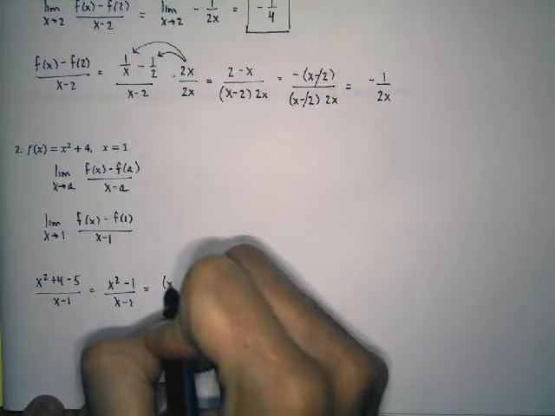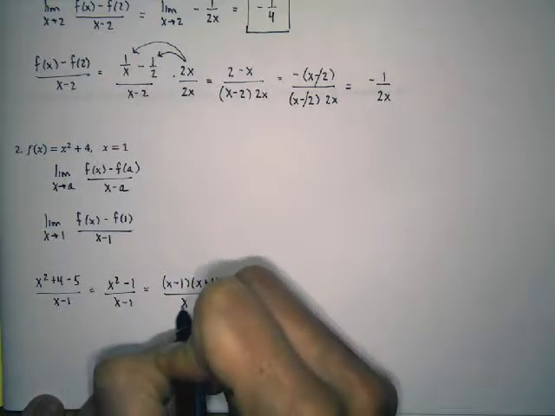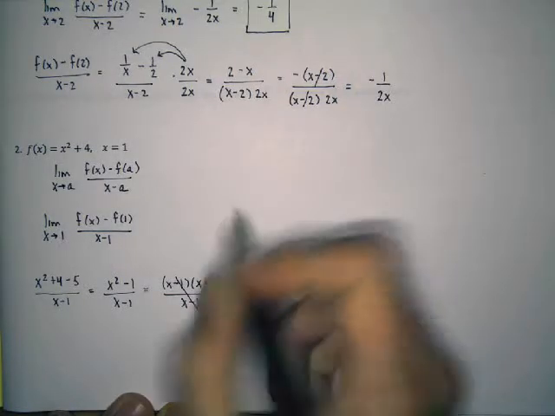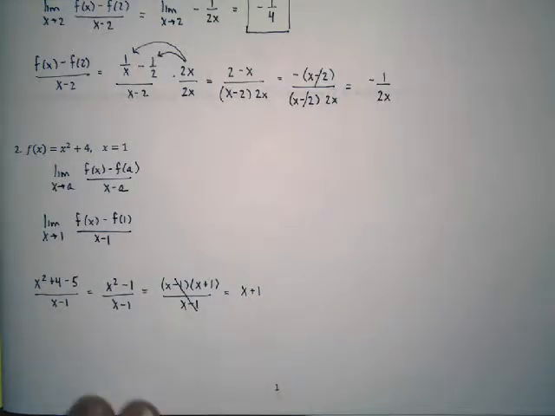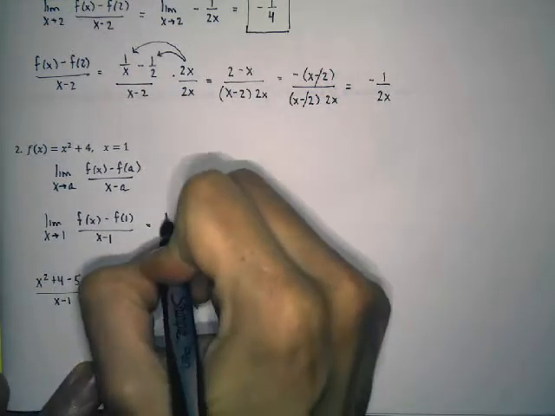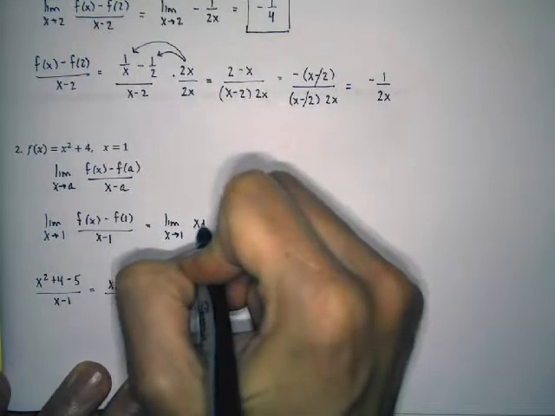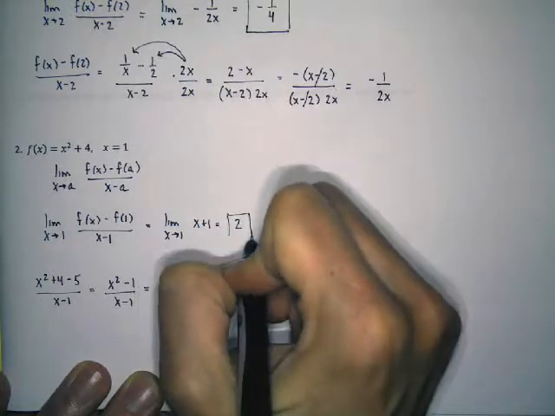Now I can factor the top using my difference of squares. I have an x minus 1 factor in my numerator and my denominator, so I simplify to x plus 1. Now I can take the limit as x approaches 1 of x plus 1, and my derivative is 2.